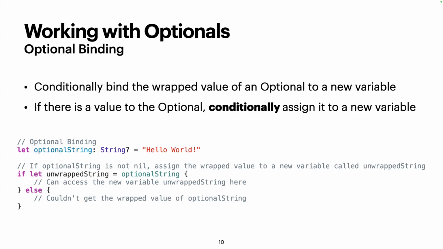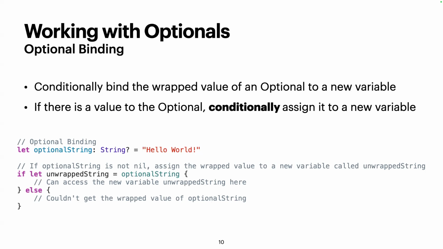So what this if let does is we're saying, does optionalString have a value? If it has a value, we unwrap it and assign it to this variable called unwrappedString, which is a new variable that we can use within these curly brackets.